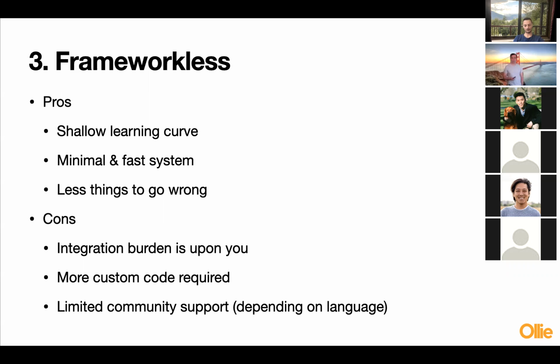You need to write a lot of custom code, and you probably don't have a lot of community support, especially if you're using something like JavaScript and you're trying to ask around the community, how do you do something? And people usually point you to whatever framework at the time that's most popular, and that's how you do things in those communities usually.